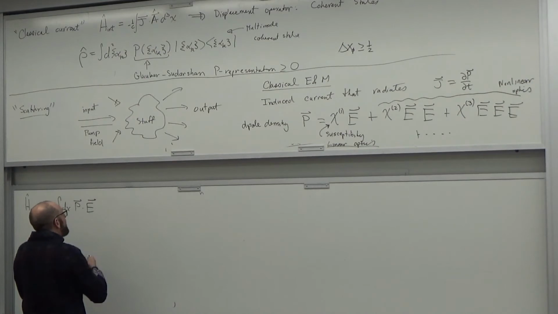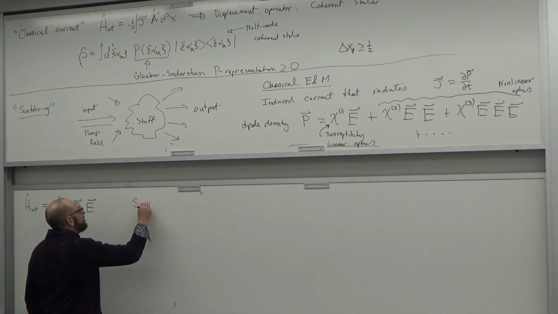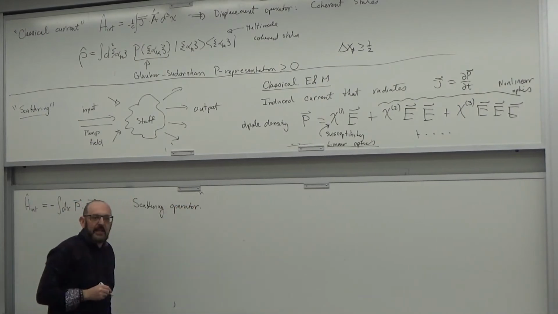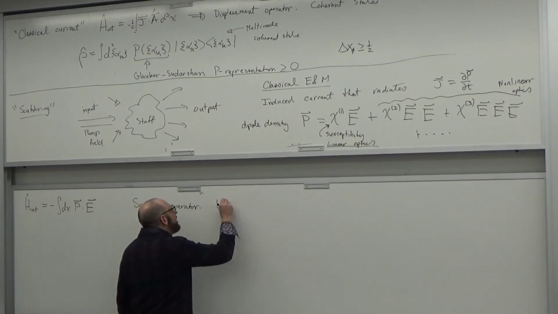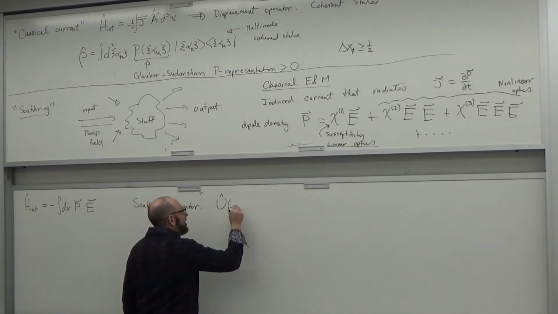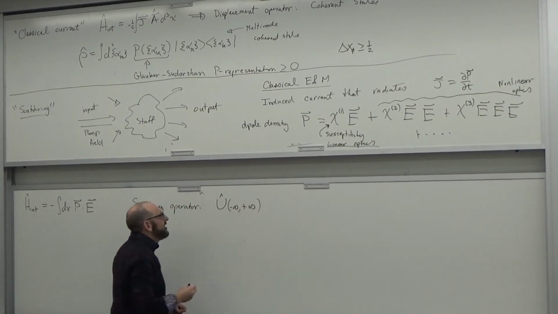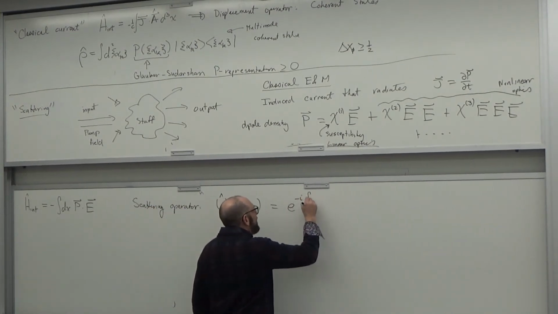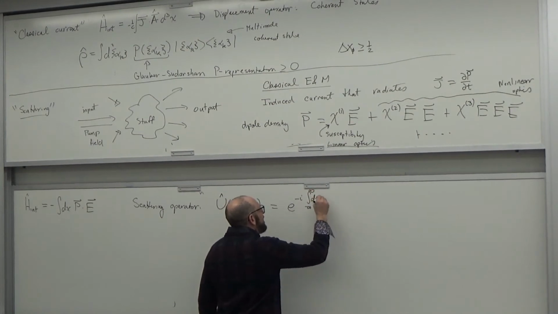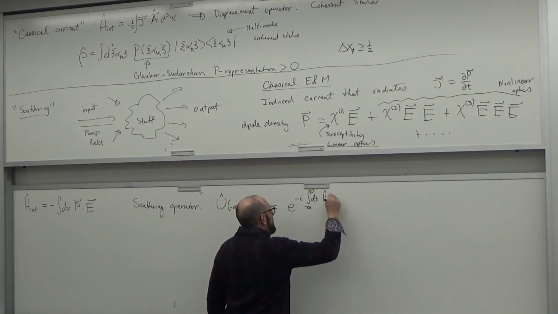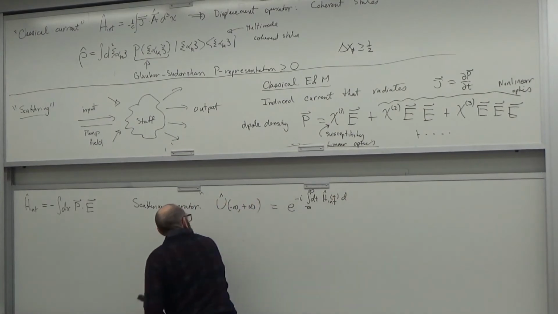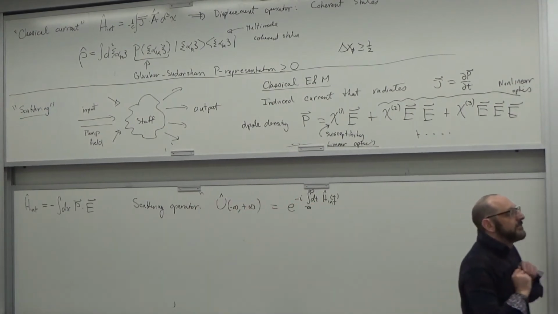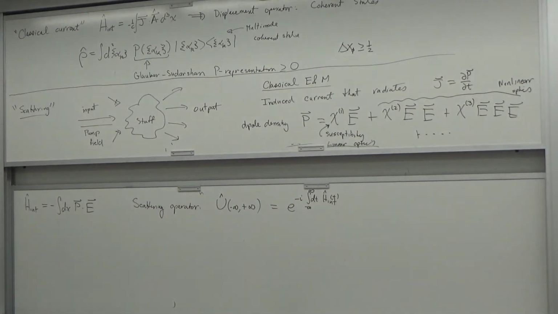My scattering operator, or the S matrix, if you've ever studied that, which would take input to output, would be related to some time evolution operator that takes you all the way from minus infinity to plus infinity in the interaction picture, and that would be e to the minus i integral from minus infinity of H int as a function of time, dt.